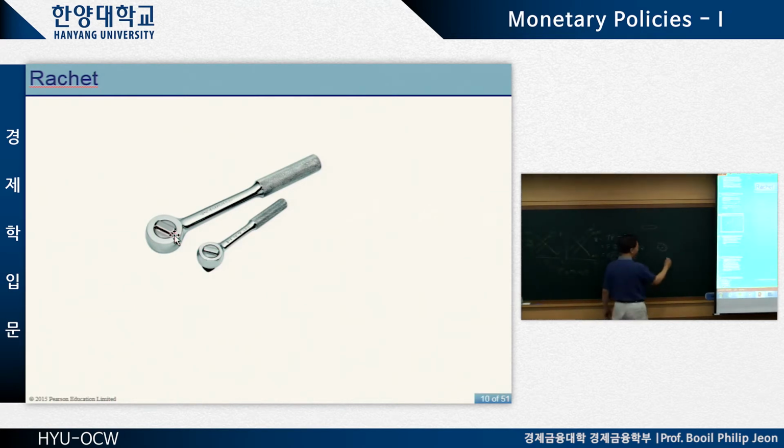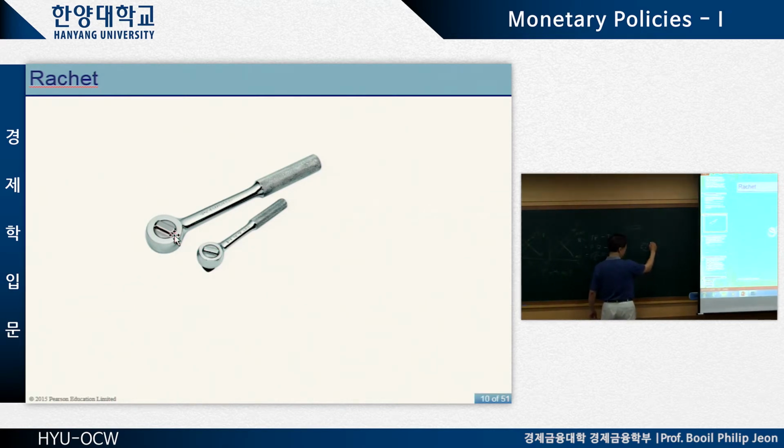And there is a catch. When the gear turns this way, it allows the gear to turn. But as soon as it turns the other way, it catches, so it prevents the gear from turning the other way.